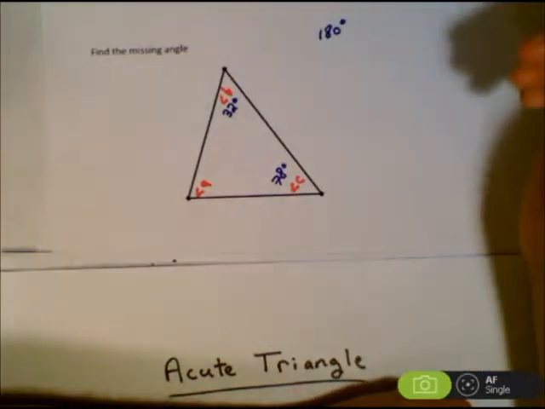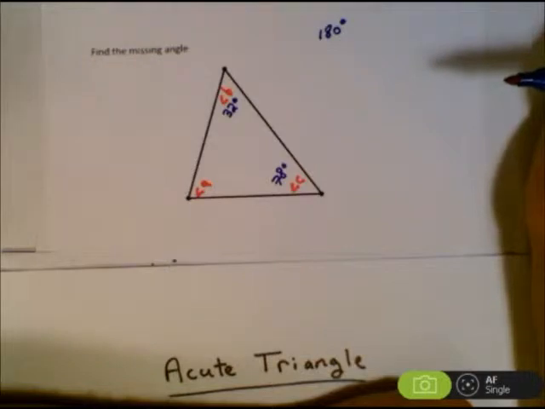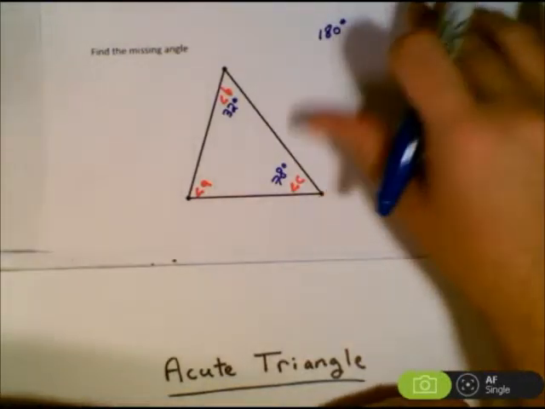There are a couple of ways we can solve for the missing angle. The first way is to write an equation.